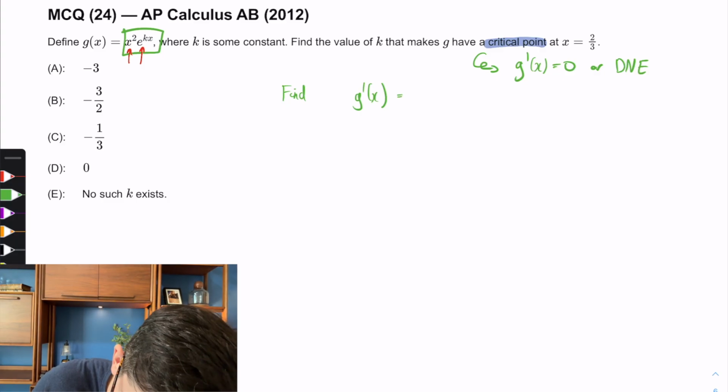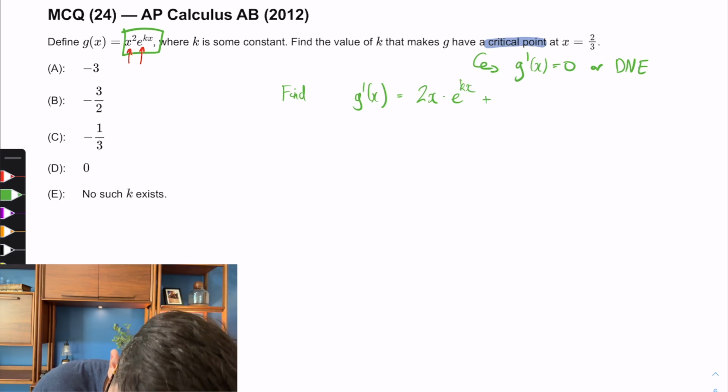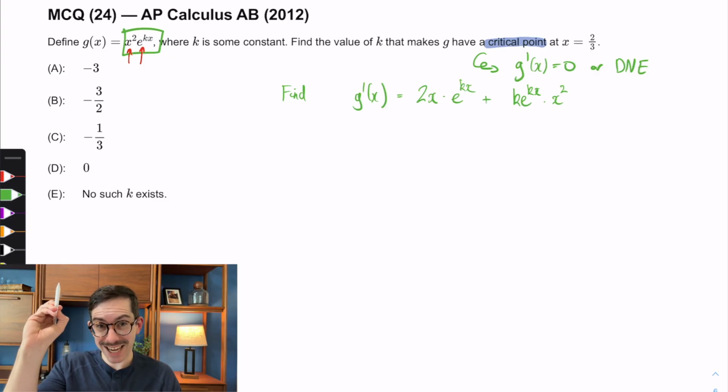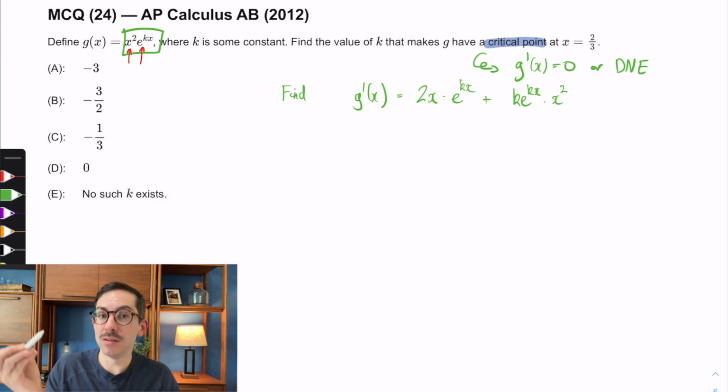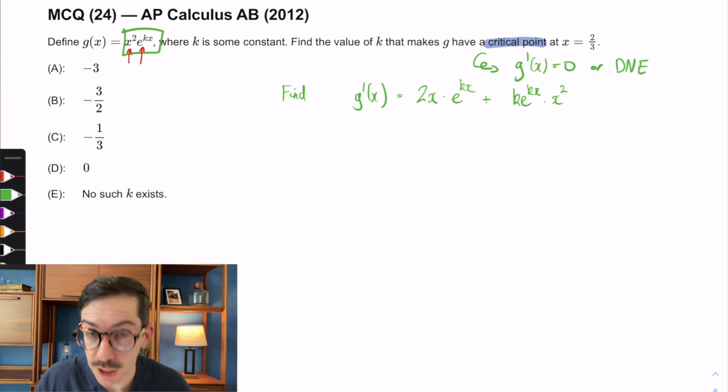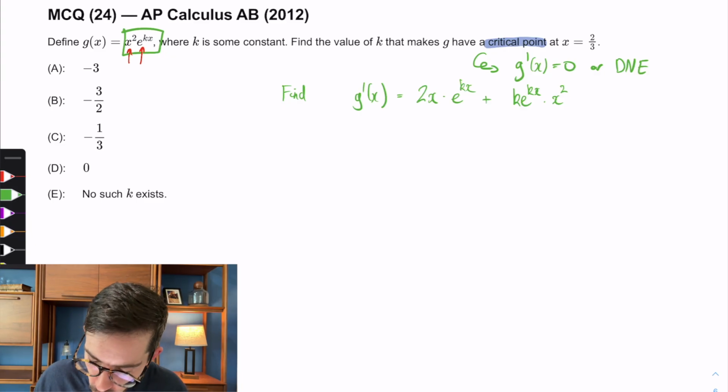This is going to be the derivative of the first term times the second term plus the derivative of the second term times the first term. Now remember, the derivative of e to the kx, if k isn't 1, we do technically need to use the chain rule and pull that k down as multiplying by a derivative of that inner function. Okay, kind of gloss over that there, but that is what is going on.